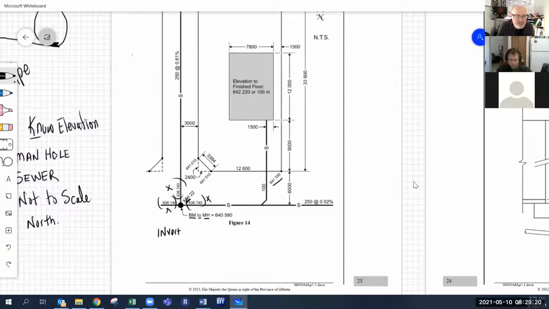These elevations right here are exactly that. This is just straight elevations. These are dimensions, and these dimensions are in millimeters.